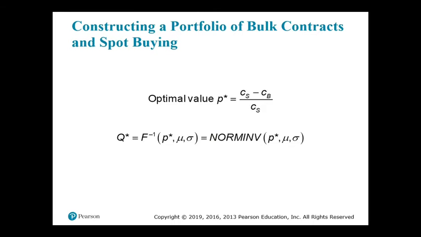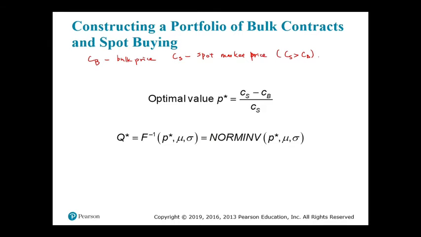So again, let's say CB is our bulk price, or unit price under a bulk contract, and CS is the spot market price. And the general assumption is CS should be greater than CB.